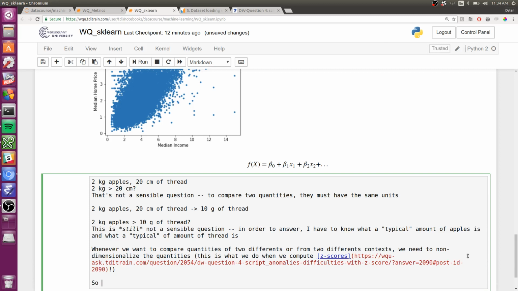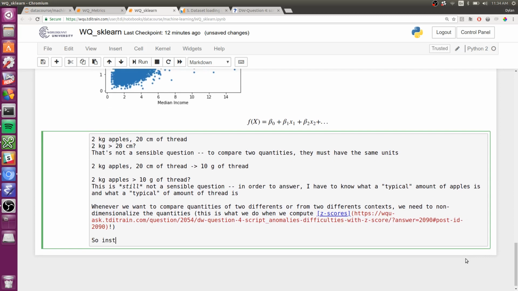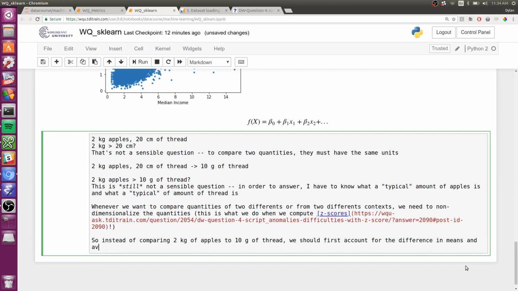So instead of comparing 2 kilograms of apples to 10 grams of thread, we should first account for the difference in means and variances between the two contexts.